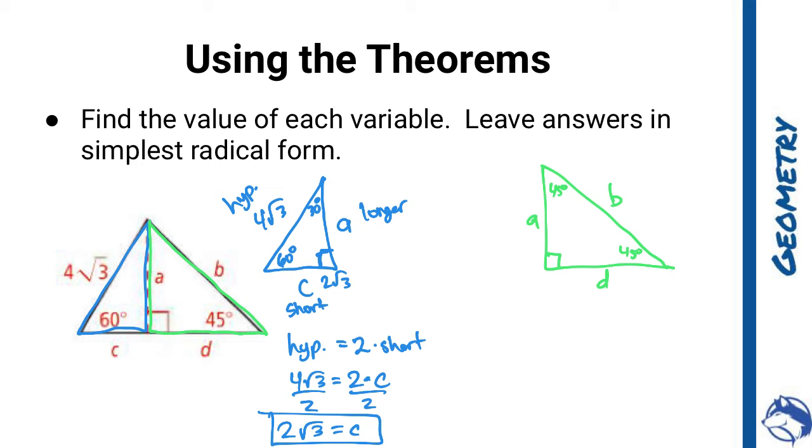Now remember, the longer side is equal to the square root of 3 times my shorter side. Well, now I know my shorter side is 2 square root of 3, so the longer side is A. This is square root of 3 times 2 square root of 3.